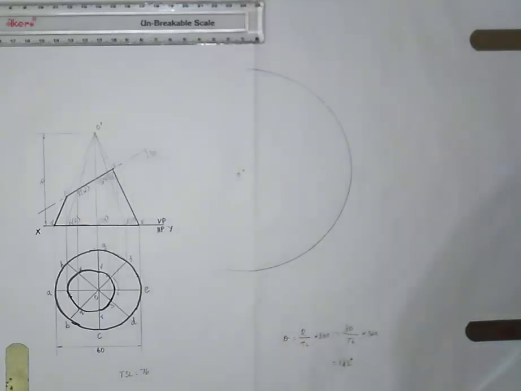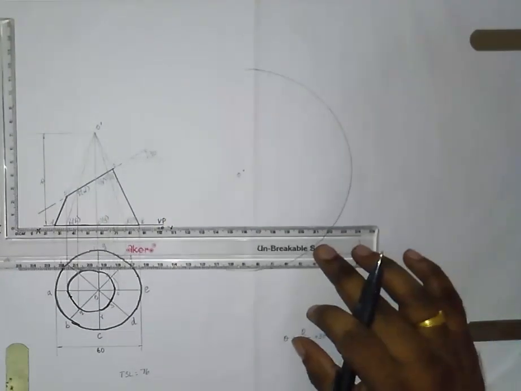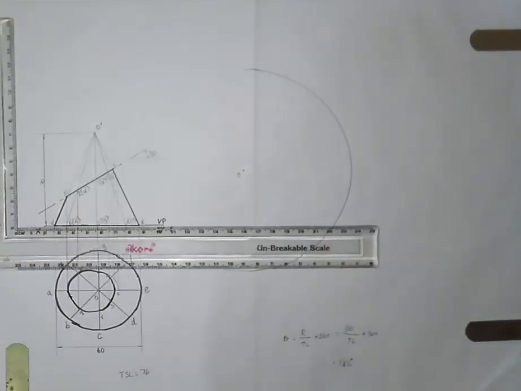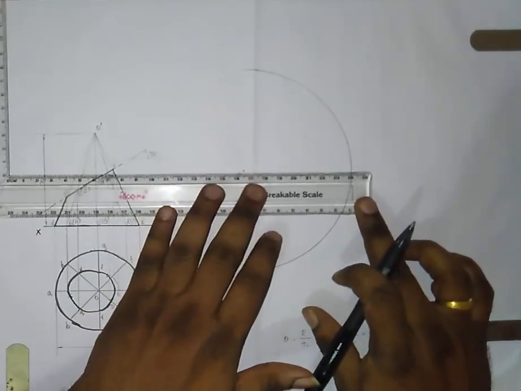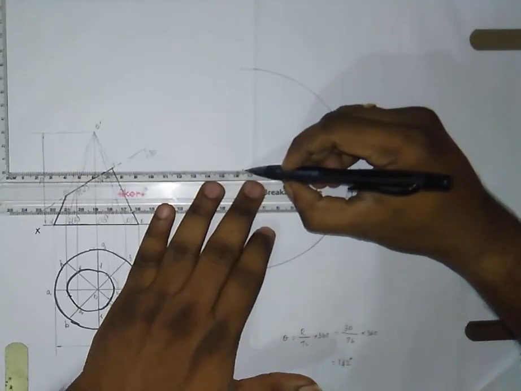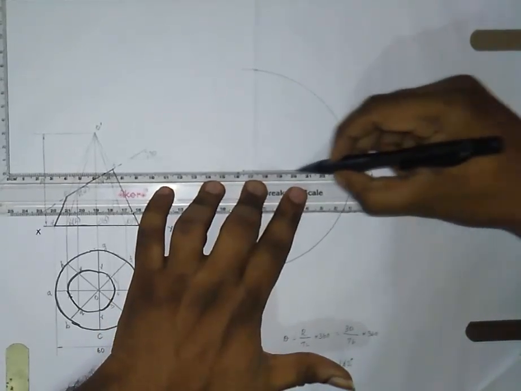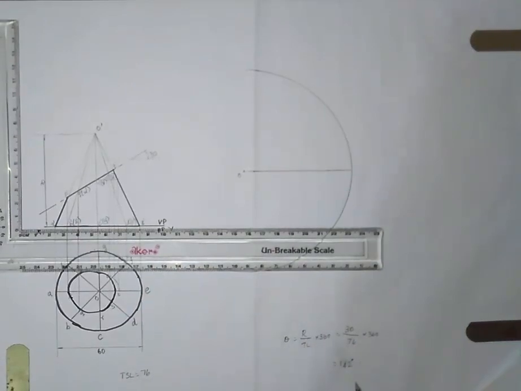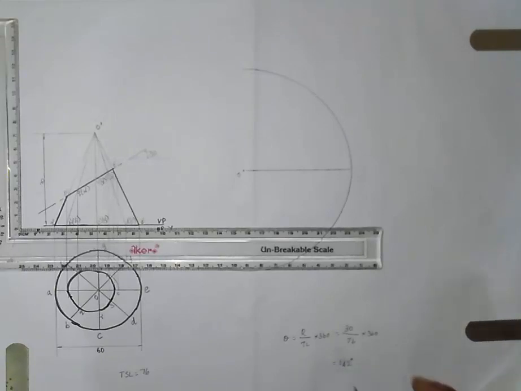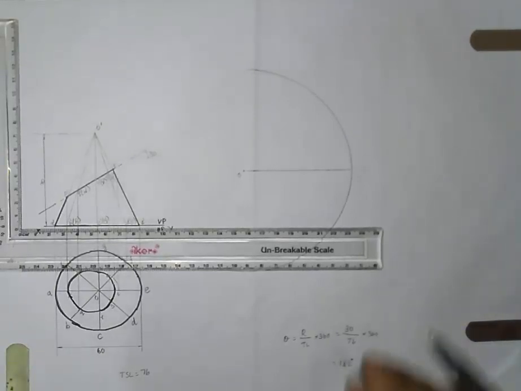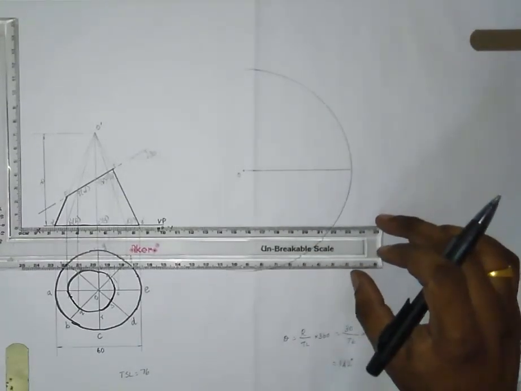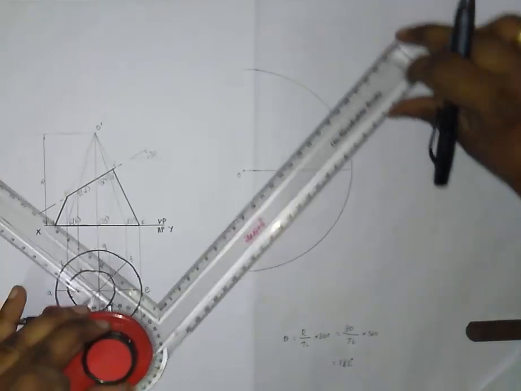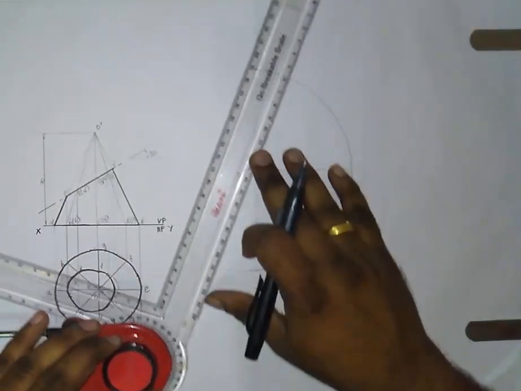So now what you have to do is set 0 degree in your drafter and then from point O up to the arc just make a horizontal line like this. Right, now if it is 142, then divide this angle into 2. So if it is 142, you make 71 in the upper half and 71 in the lower half. Now set 71 degrees in the drafter like this. So this is your 71 degree.